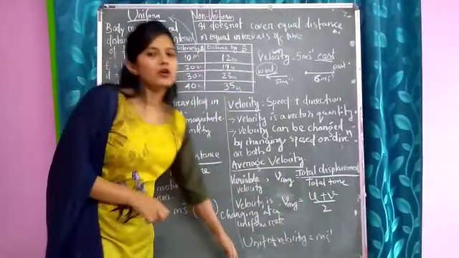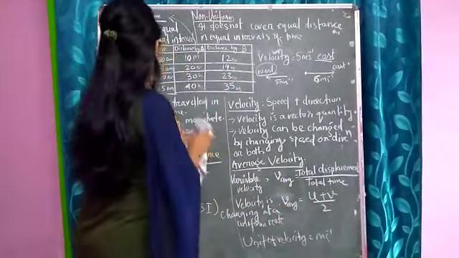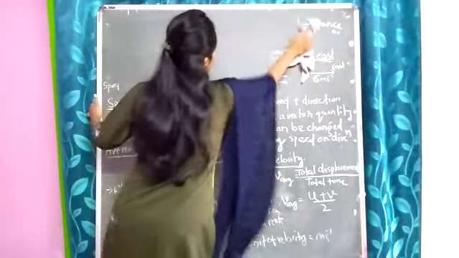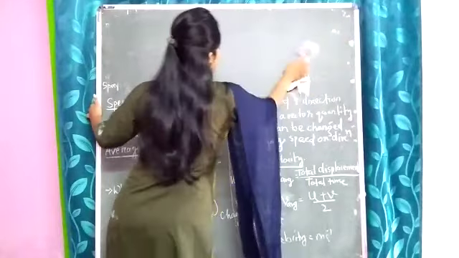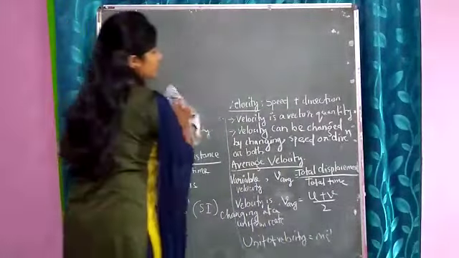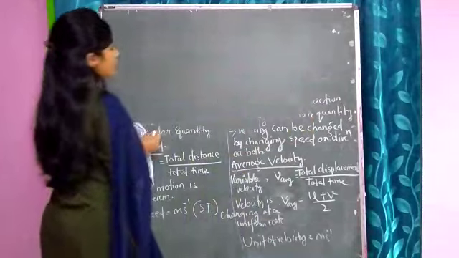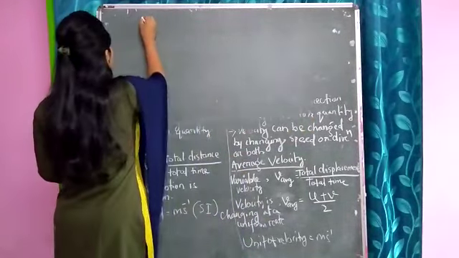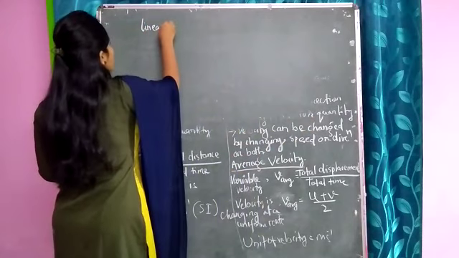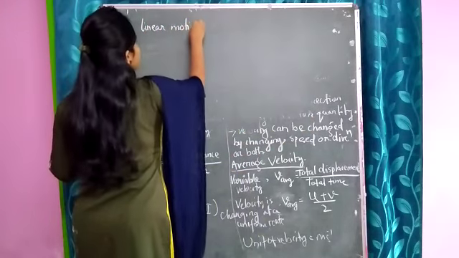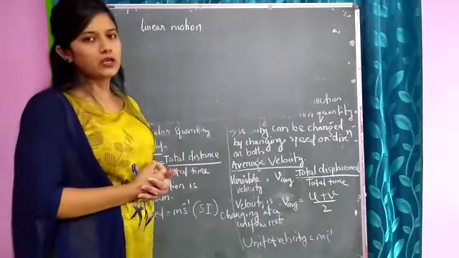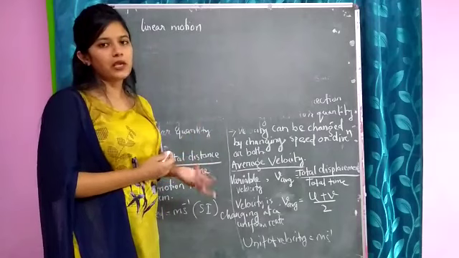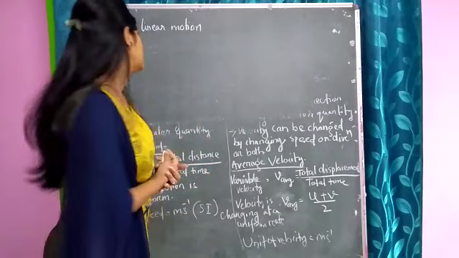So let us try to know more about the difference between speed and velocity. What is the basic difference between them? For a single case, that is the linear motion case, the speed and velocity will be the same. But for other cases, it may or may not be the same.